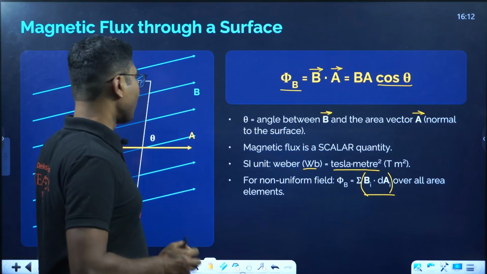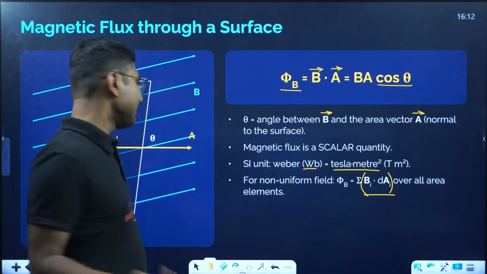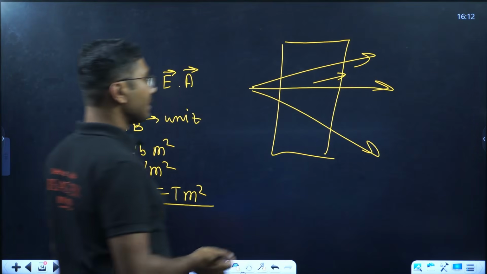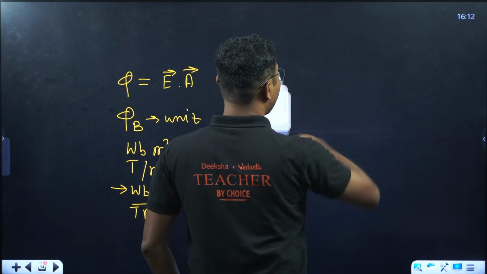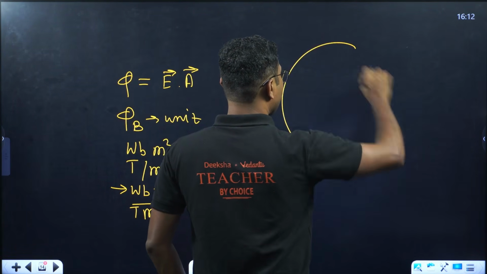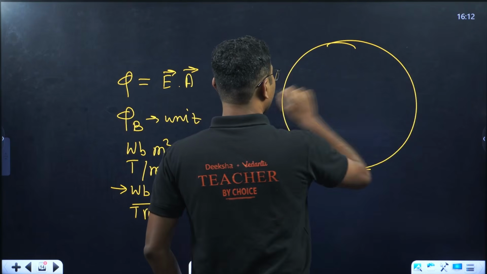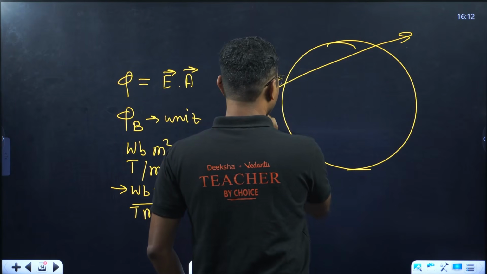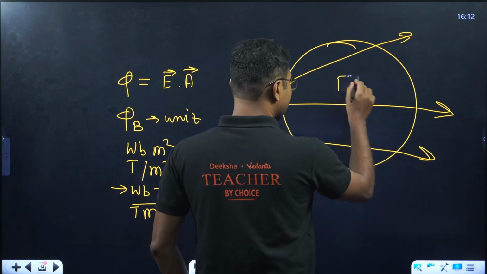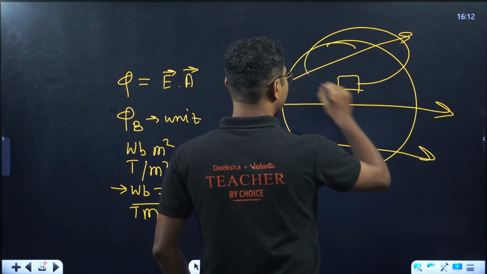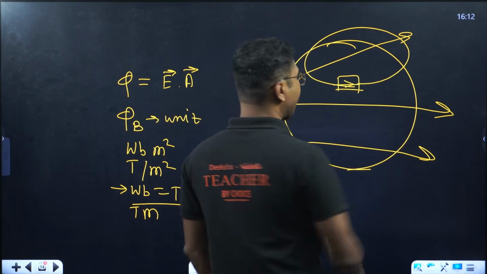Now this is for a surface only. As in the previous chapter we have learned, magnetic flux for a closed surface is 0. If the surface is closed, the field lines, whatever is coming from this side has to exit, and if the magnet itself is inside, then field lines will always be closed and it will be 0.